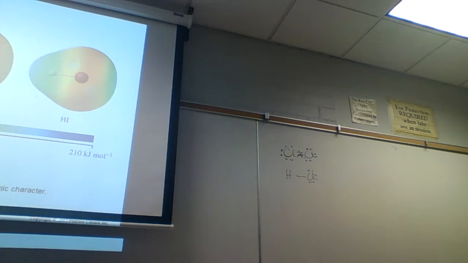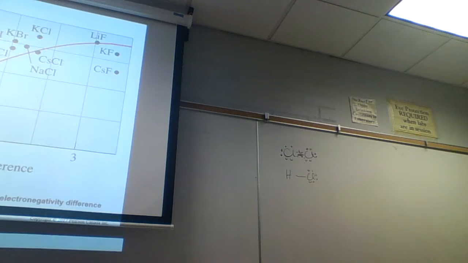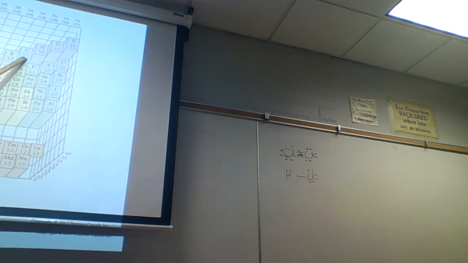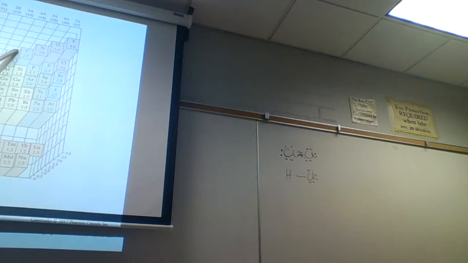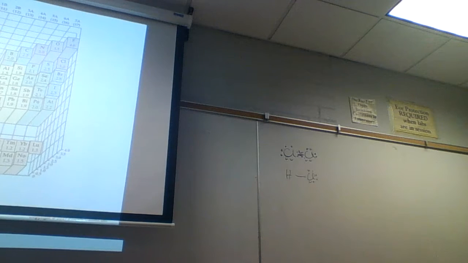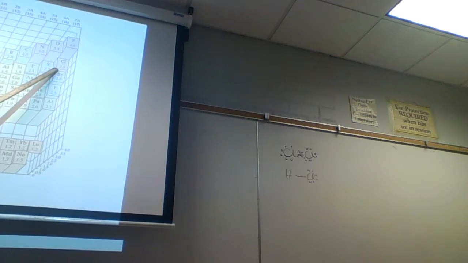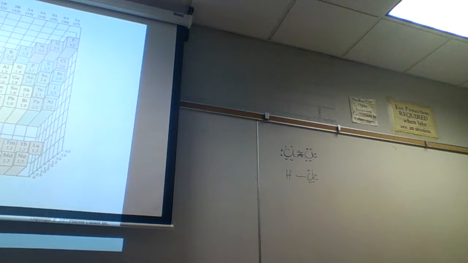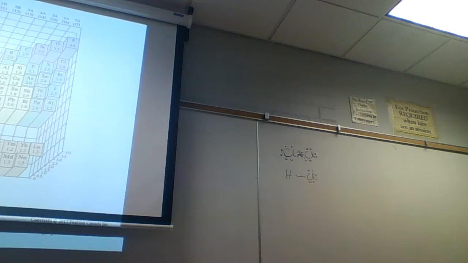Let's take a look at the electronegativities here. The electronegativity of H is 2.1. 2.1 positions it between boron and carbon in terms of electronegativity. It's kind of in the center of the periodic table. And so H is 2.1. Cl is a 3.0. So 2.1, 3.0, the difference is 0.9.